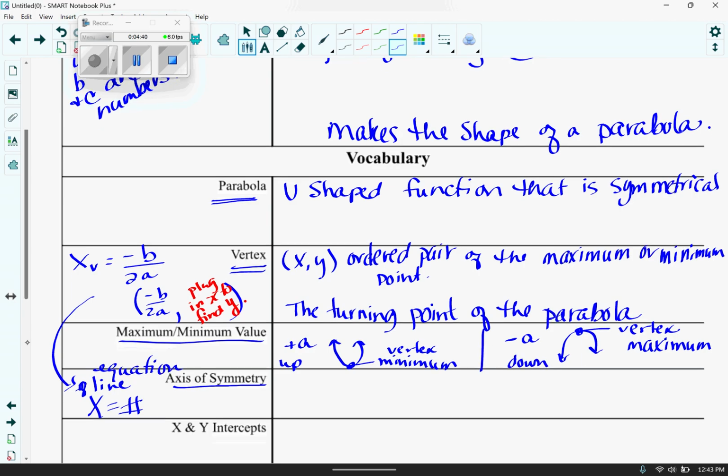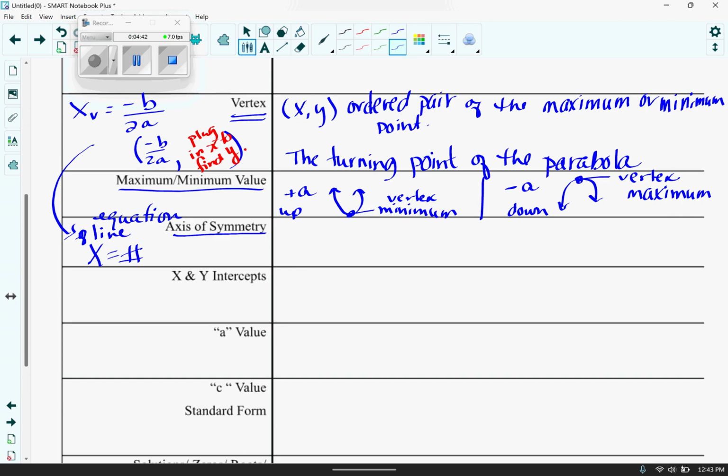Now the axis of symmetry, I'm talking a little bit more about it. It's a vertical line. So for instance, if I have a parabola right here, let's say my vertex is right here.